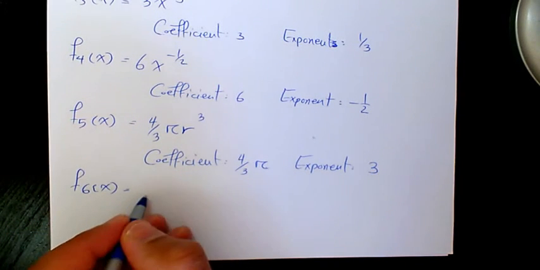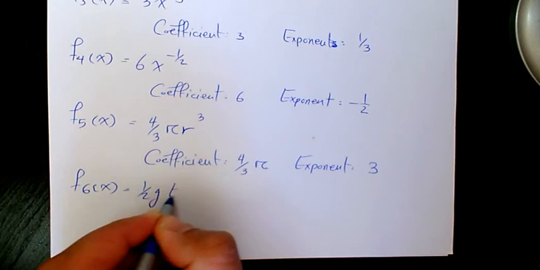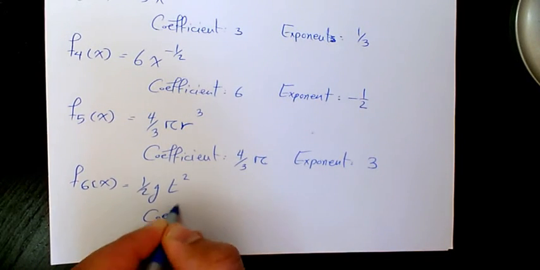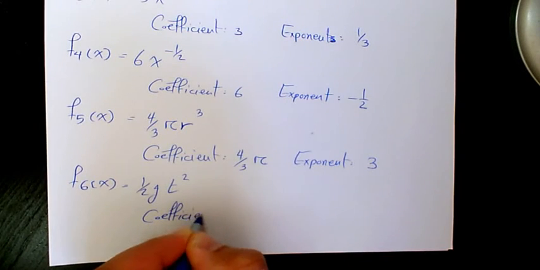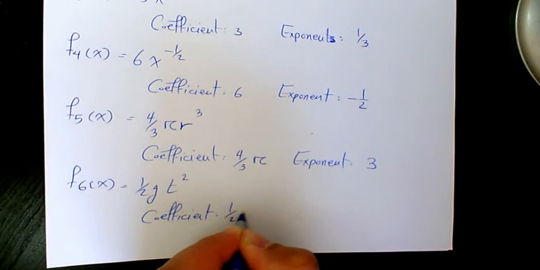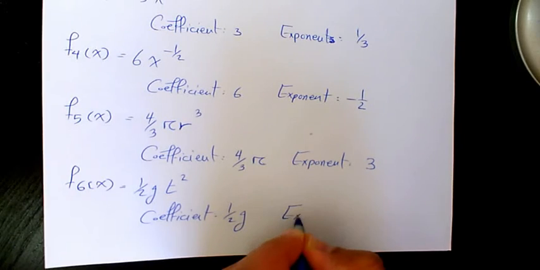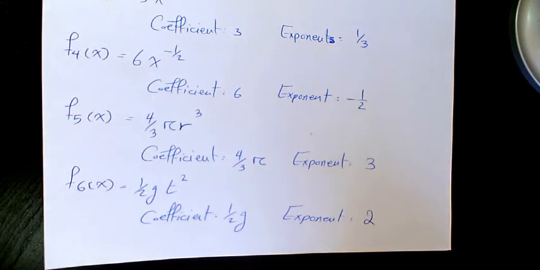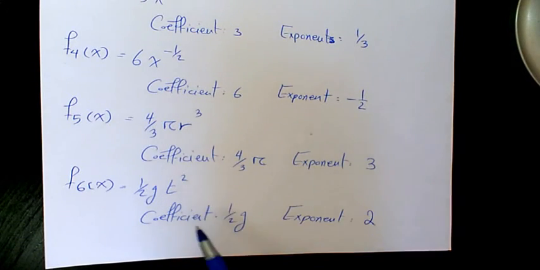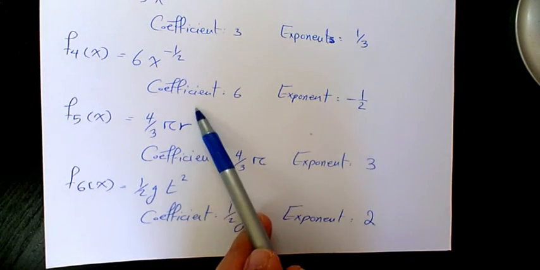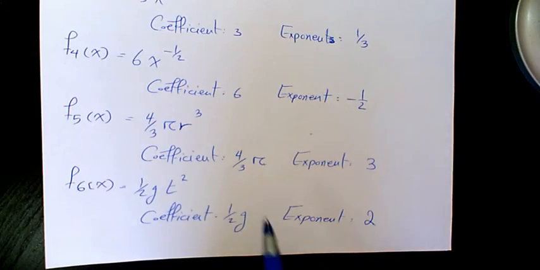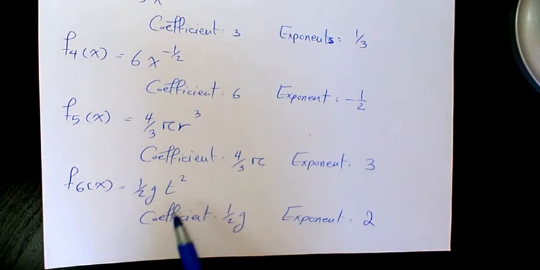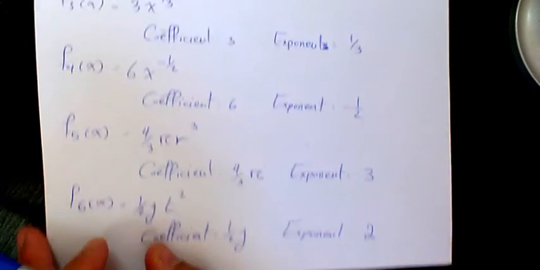Sixth function is 1/2 g t to the power of 2. The coefficient is 1/2 g and the exponent is 2. We call it also squared, t squared, or r cubed, or we can say r to the power of 3, r raised to the power of 3, or t raised to the power of 2.